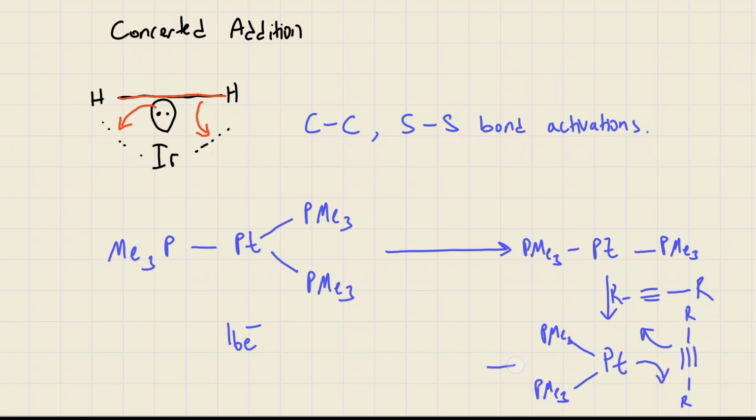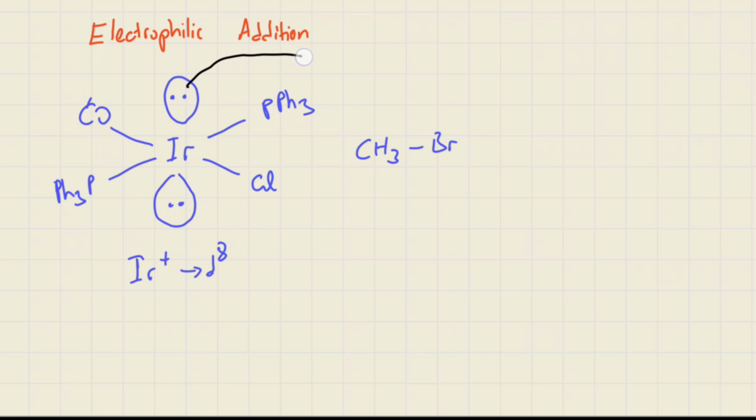And for instance, we have another molecule, and this is a very good example, like an organic chemistry reaction. Bromine is a good leaving group, it will leave. So this is the first step.